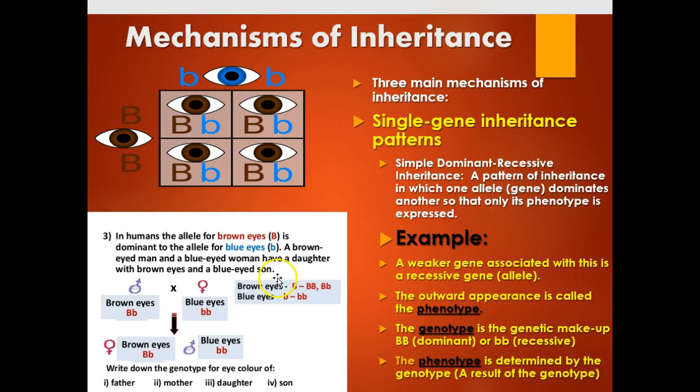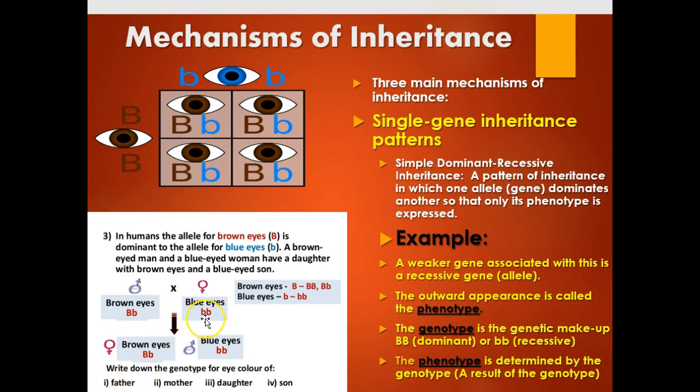So, in humans, the allele or gene for brown eyes, B, is dominant to the blue eyes, b, which is the recessive gene. So a brown-eyed man and a blue-eyed woman have a daughter with brown eyes and a son with blue eyes.